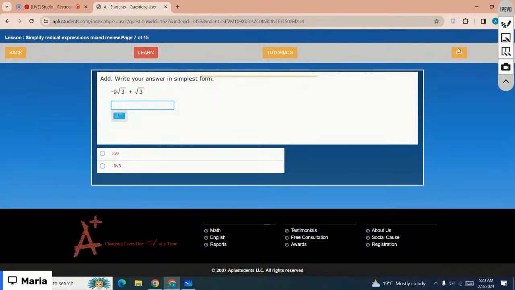The next one is negative 9 square root 3 plus square root 3. Which is the correct option? Which option is the correct one?